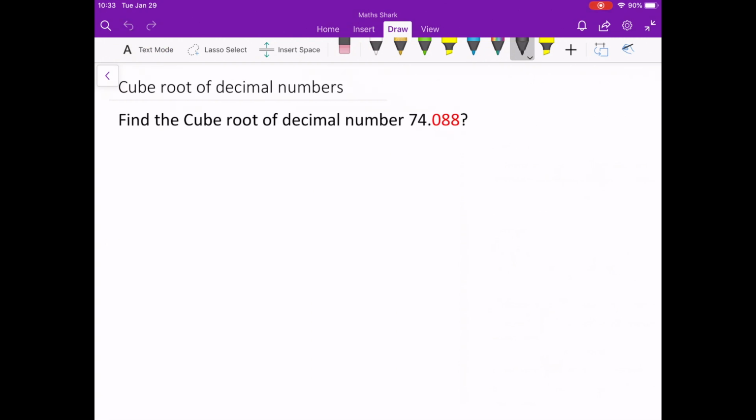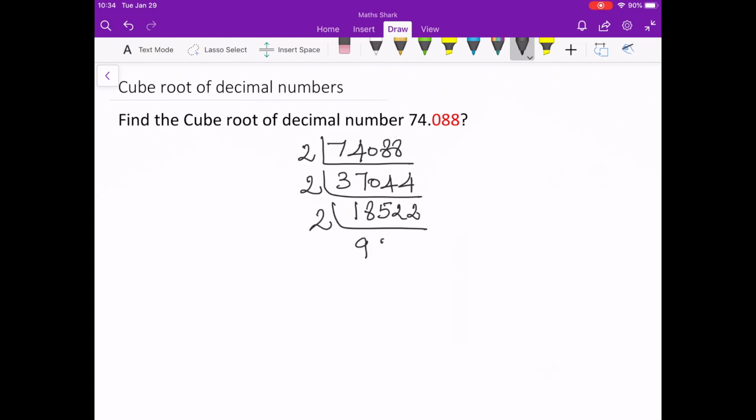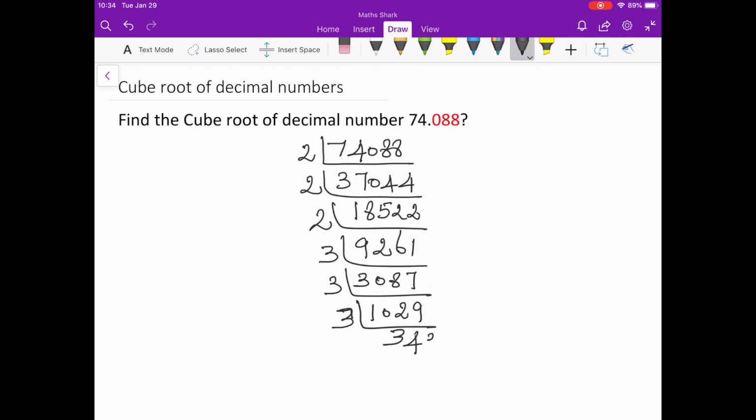Now let's calculate. Step 1 is to write the number without the decimal point and find the prime factors. This is divisible by 7, that is 49.